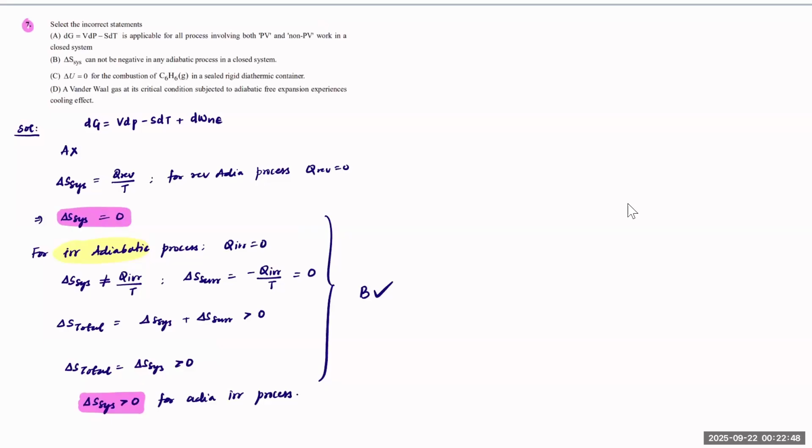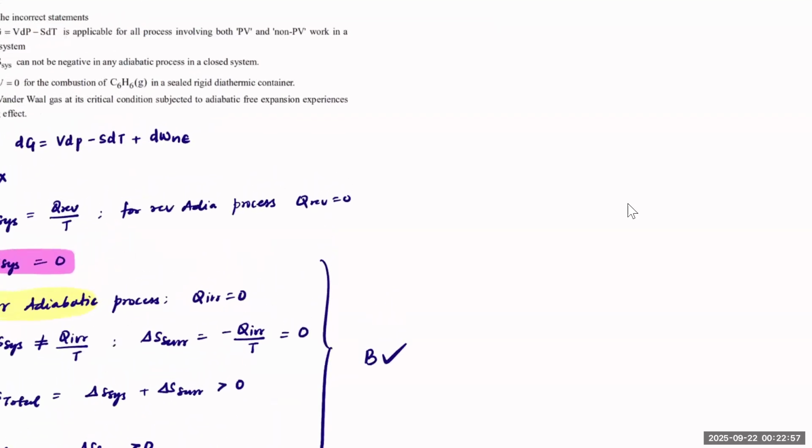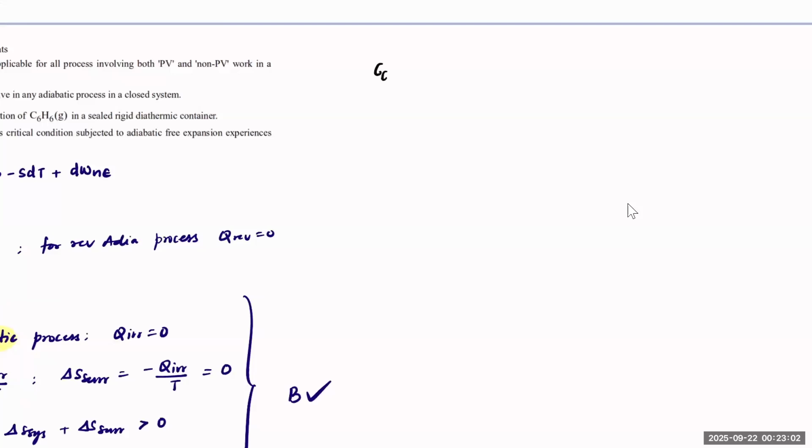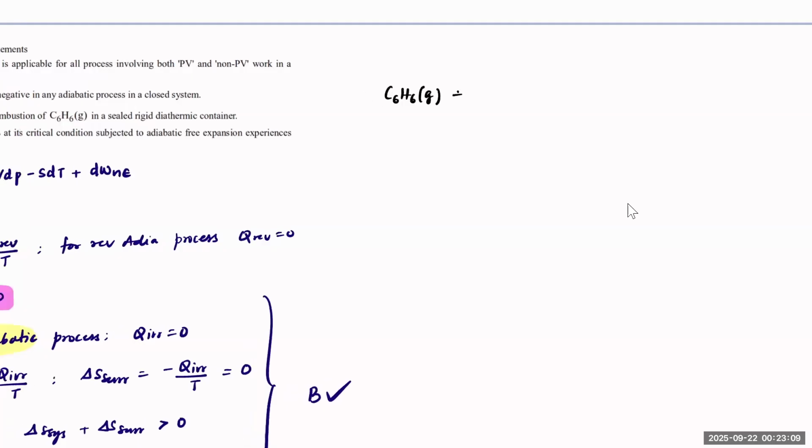Right. See the third one. dU for the combustion of C6H6 gas in a sealed rigid diathermic container is 0. Okay. This is what it said. Now notice this. C6H6 benzene, which is in gaseous form, plus O2, is giving CO2 gas plus H2O liquid.